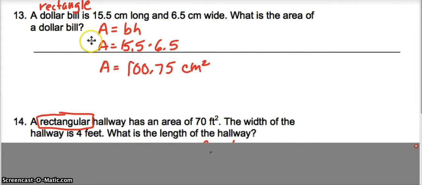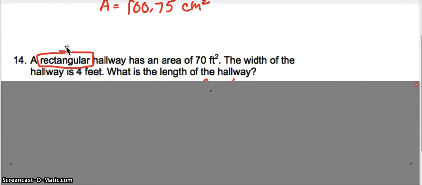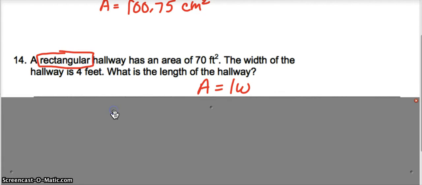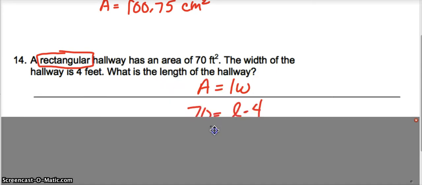For 14, we're given the area, and you have to find the length. So it's a rectangular hallway, so that ought to tell you what formula you need to use, which is A equals base times height. Except I did length times width because those were the words used in the word problem. And we need a variable. L would be for length, W for width.